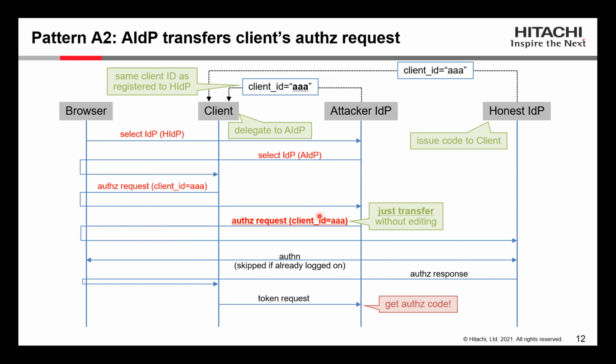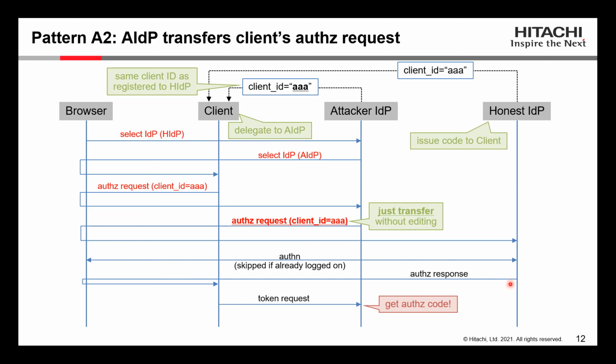So the client sends an authorization request to AIDP, not HITP. The steps until here are the same as pattern A1. Then AIDP just transfers the authorization request, doesn't edit anything. This can be done because the client ID is the same. After that, the steps are the same as pattern A1. HITP authenticates the user via the browser.